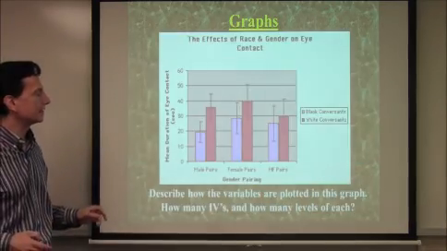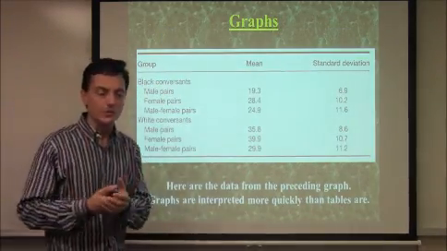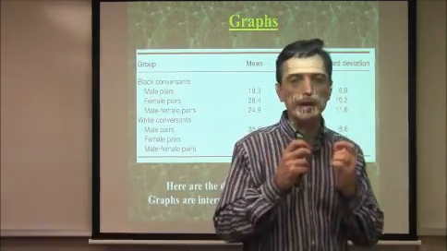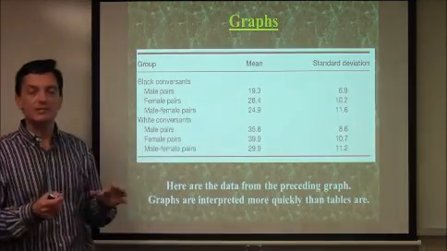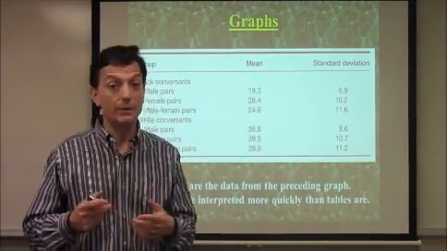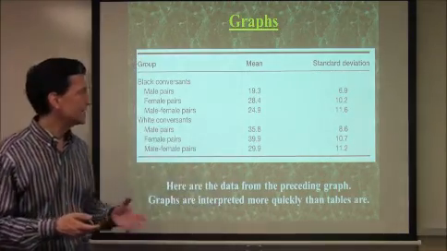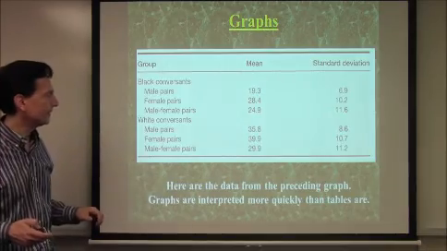Most people find this a little bit easier to interpret graphically than that. And that should be a clue to you that whenever possible you might want to graph your data rather than putting them in table format, but sometimes for various reasons tables will be required by a journal or required by a peer reviewer, whatever the case might be. So we can present the same information graphically or in this tabular manner.